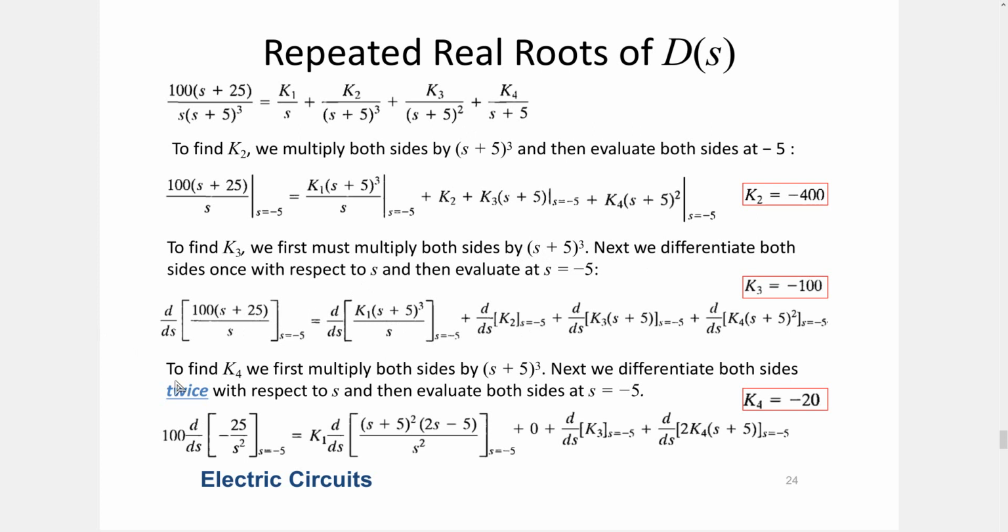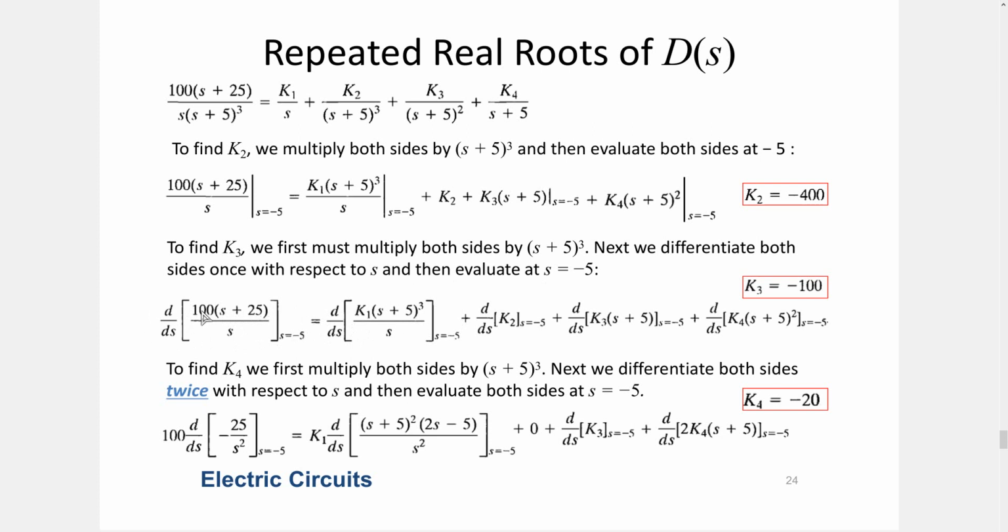Then we take the derivative of both sides with respect to s, and we can still evaluate at s equals minus 5, because since we are treating both sides the same way, the equality will hold. We basically get rid of the excessive s terms here.